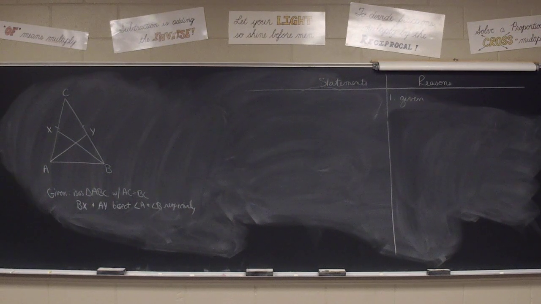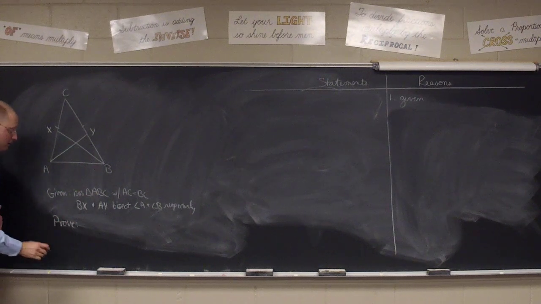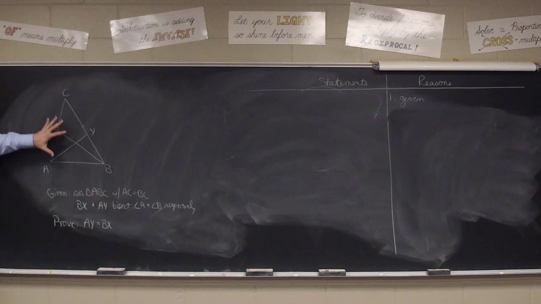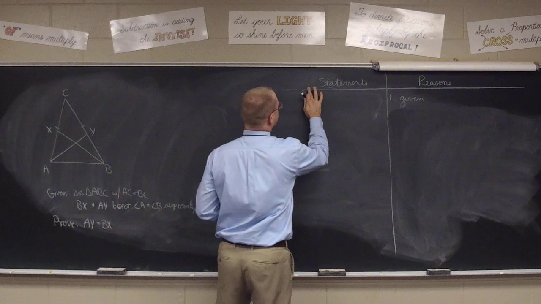Well, what are the bisectors, class? AY and BX. So I'm literally just trying to prove that AY equals BX. Do you see how we're stating in letters off the drawing what we're trying to prove? Once you got this down, 2 columns: statements, reasons.